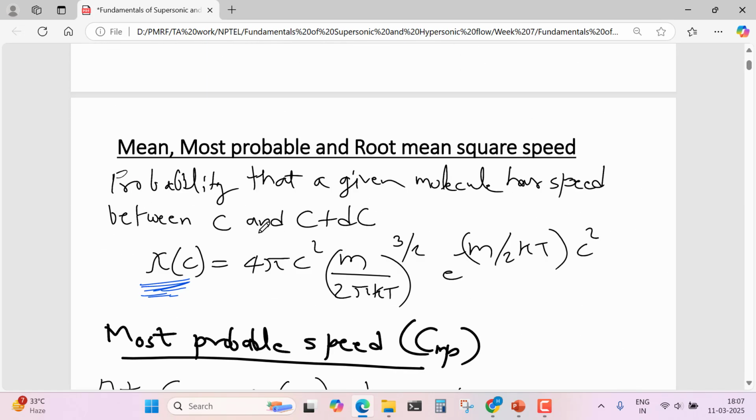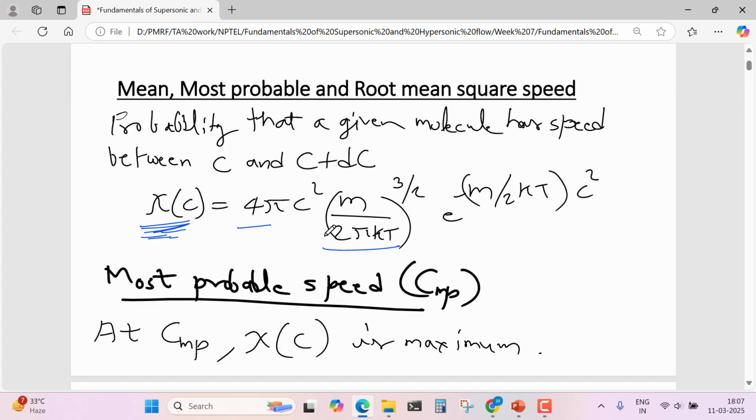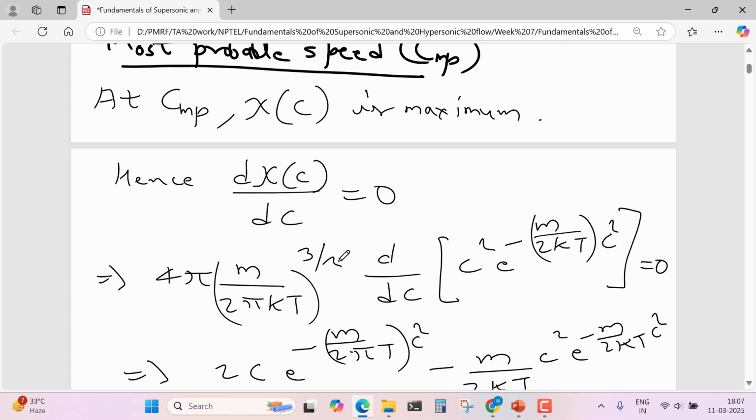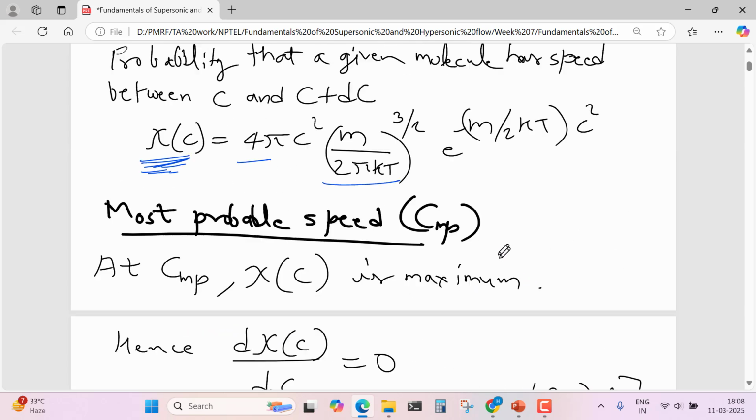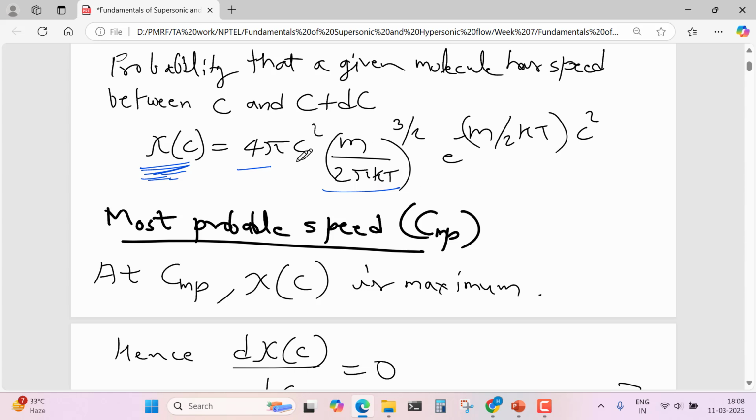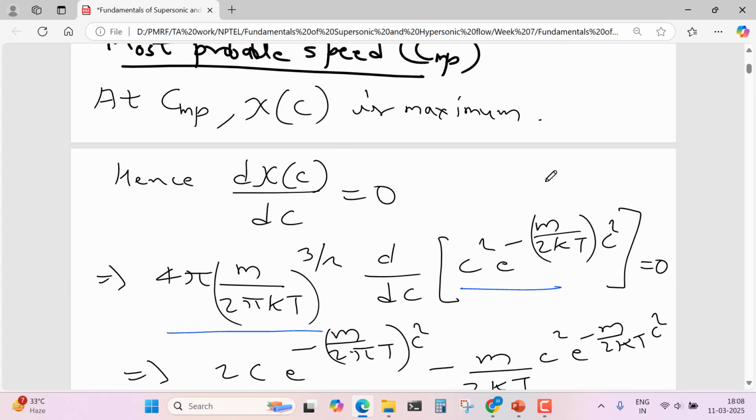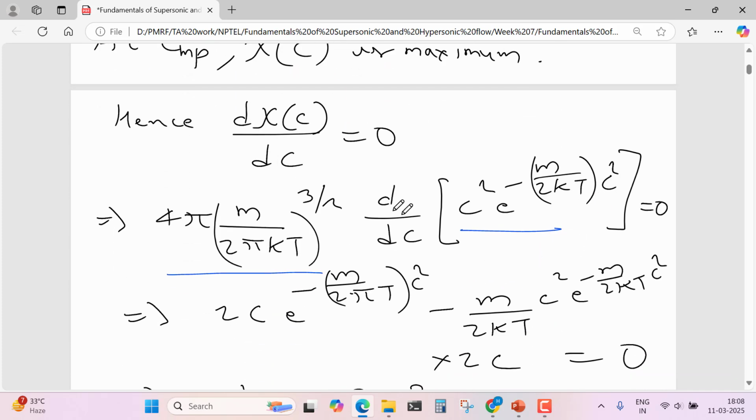Now we will take its derivative. This part is independent of c, so we can take it out of the derivative, and inside the derivative we write c square e to the power minus m upon 2kT c square equal to 0.